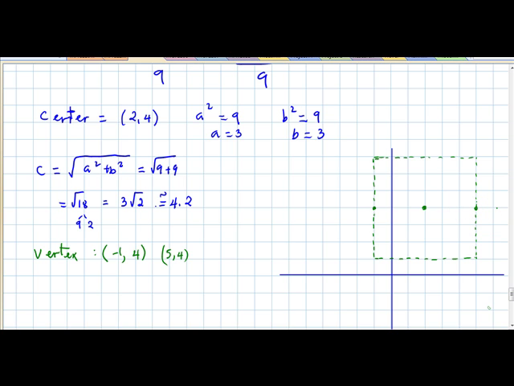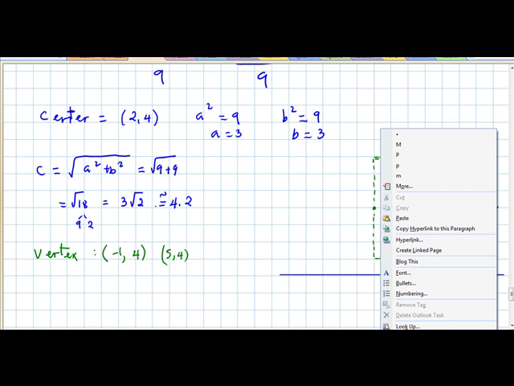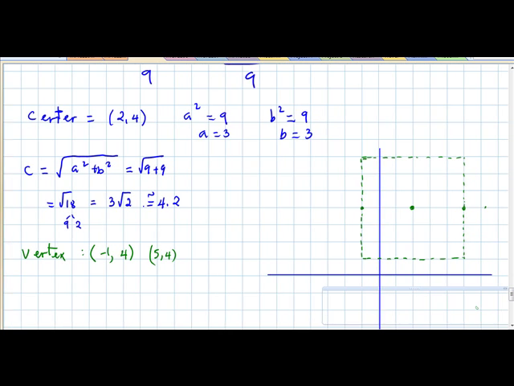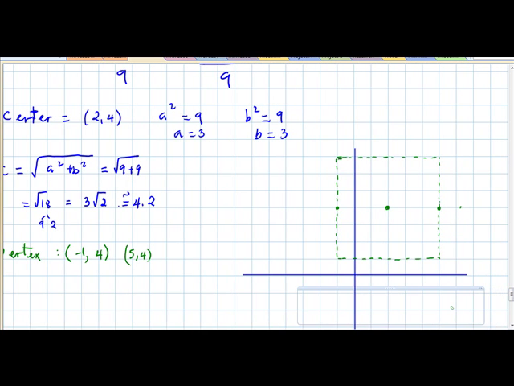Right here should be approximately our focus. Let me go a little further. Here's our center, so I put a C here. I go 4.2 units, 1, 2, 3, 4, and here's our other focus.